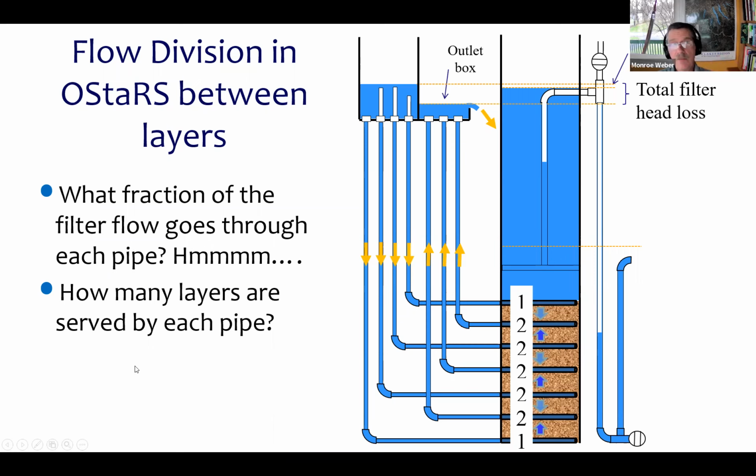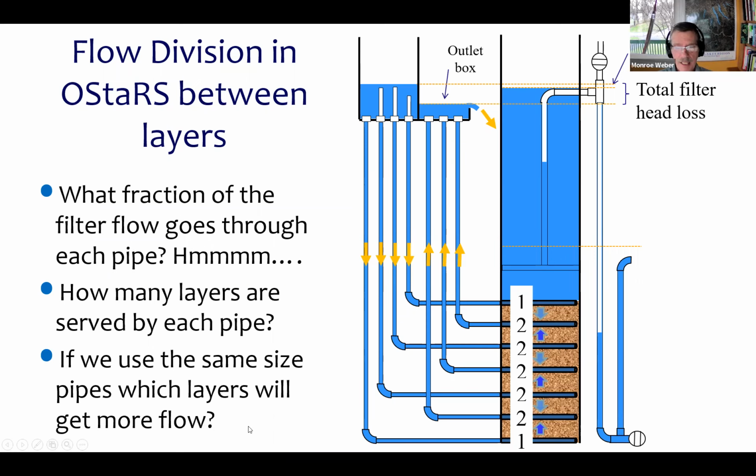And that in itself causes us a problem, because if we use the same size pipes for all of these inlets and outlets, which layers will tend to get the most flow? Well, there's got to be some head loss in the piping system. And so if we'd like twice as much flow going through the middle pipes compared with the outer pipes, the outer layers are going to end up getting a little bit more water than what we had hoped.